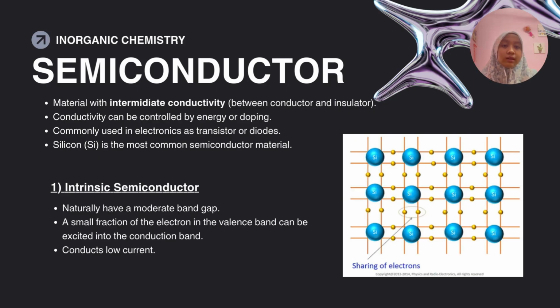The first one is intrinsic semiconductor and the second one is extrinsic semiconductor. We go to the first one first. Intrinsic semiconductors naturally have a moderate band gap, and a small fraction of the electrons in the valence band can be excited into the conduction band, so an intrinsic semiconductor can conduct low current.